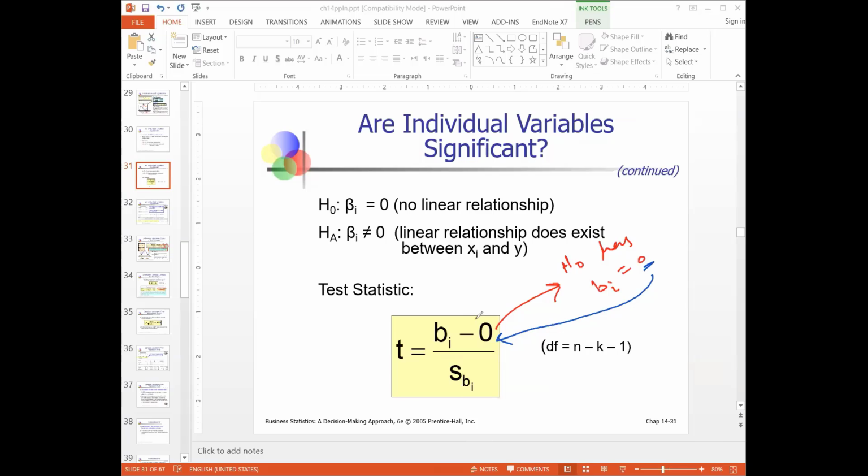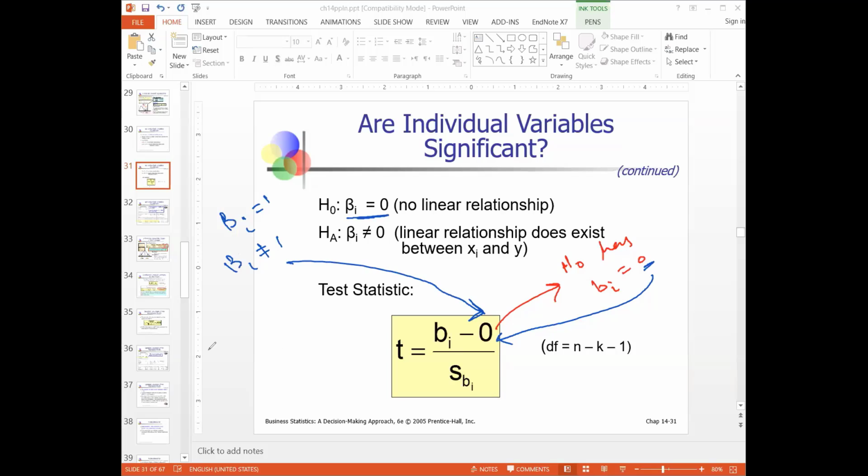It's a reference point. If your null hypothesis is beta i equal to 1 and the alternative beta i not equal to 1, then the 1 will be shown here. So that 0 is because of this null. If you put any number here, it will be shown here.